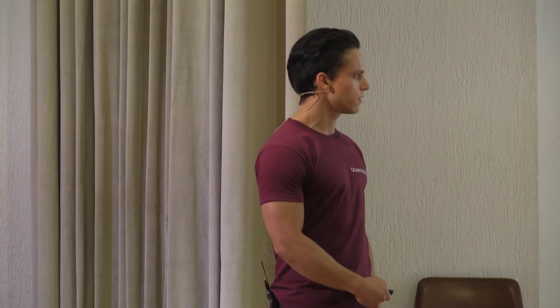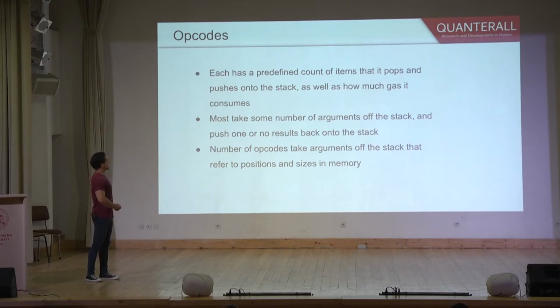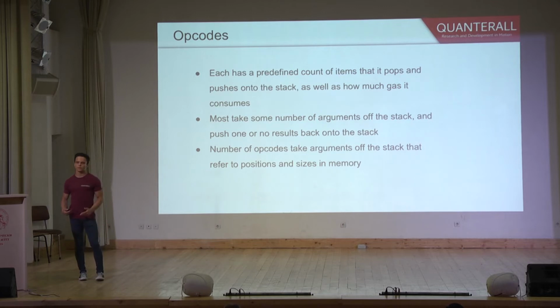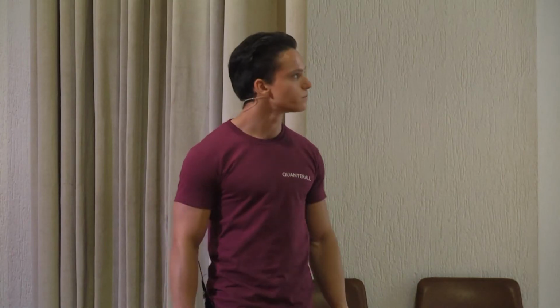And finally, we can have an invalid opcode, like someone has passed some unsupported byte in our code. So for the opcodes themselves, each has a predefined count of items that it pops from the stack, and predefined items that it pushes back onto the stack, and as well how much gas they consume.